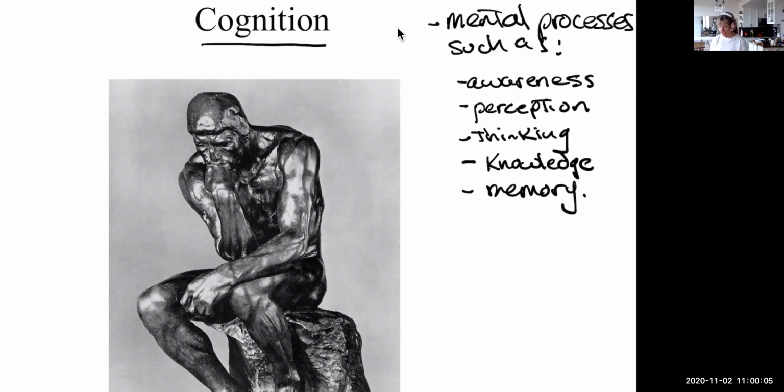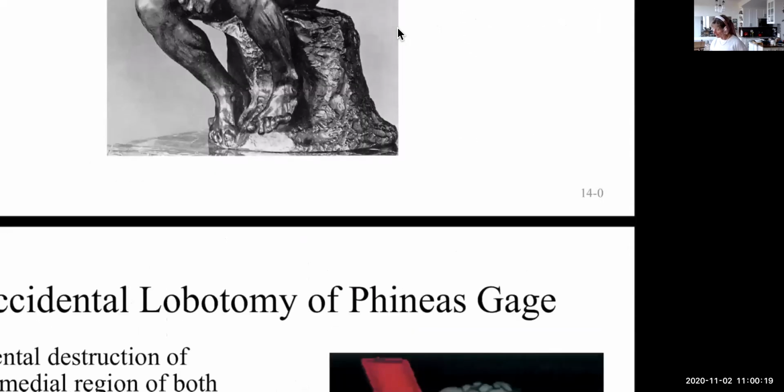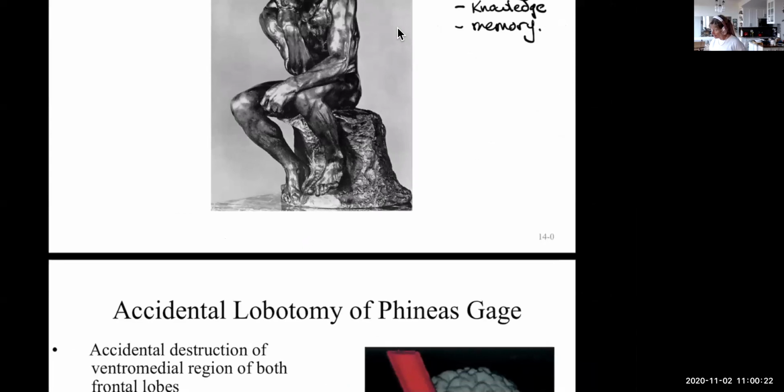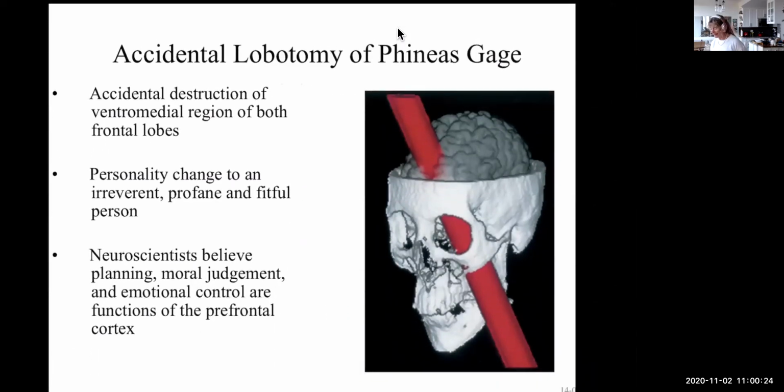So how do we know? I think I asked that question before. How do we know which part of the brain is responsible for different functions? And often it's because of injury. So this famous injury of Phineas Gage, who was working on a railroad, and an explosion sent a pipe through his head.